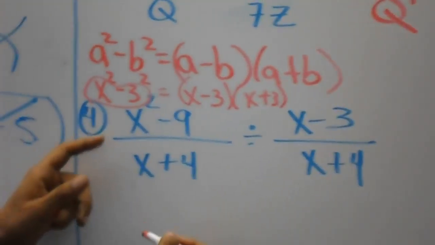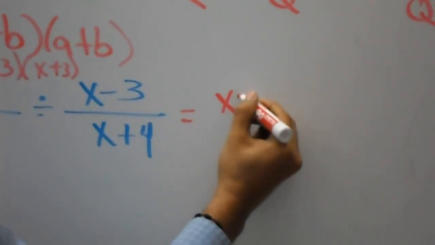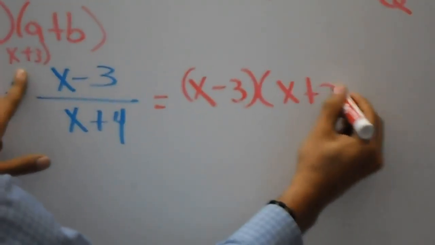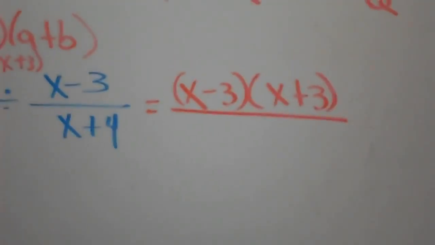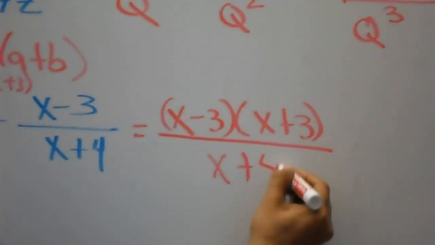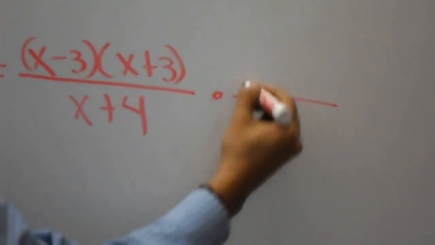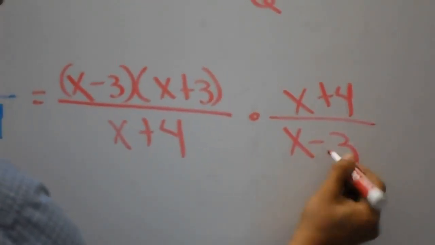So let's rewrite it down. This x squared minus 9 is really x minus 3 and x plus 3. And this is over x plus 4. This is division, changes to multiplication, and then this side flips: x plus 4 on top, and then this becomes x minus 3.